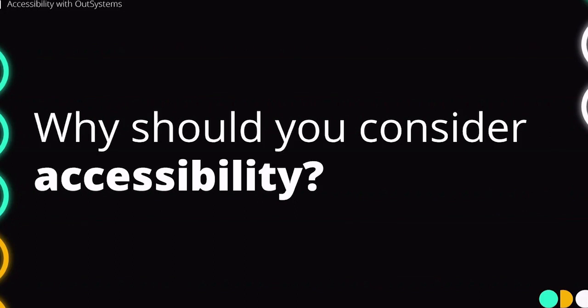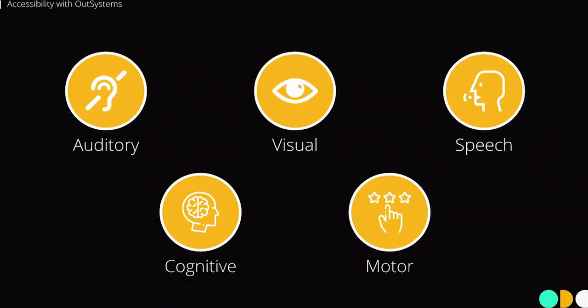That's wrong, because an accessible app must include all types of disabilities. We are talking about visual, auditory, cognitive, speech, and motor. These are the 5 most important categories.